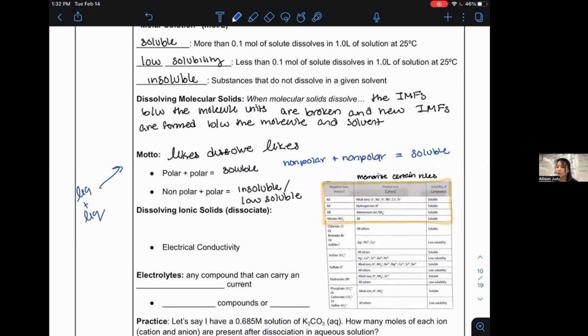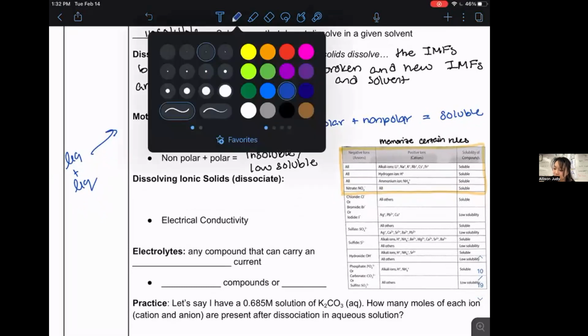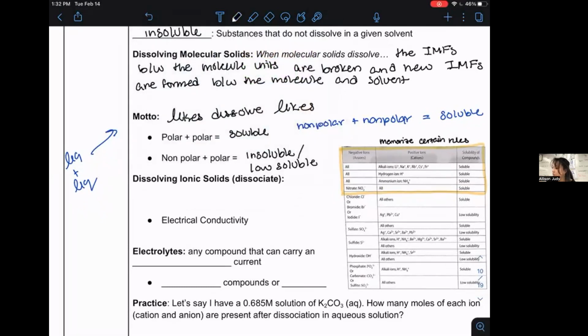Okay. So when we look at dissolving ionic solids, we have to remember that when we dissolve an ionic solid, we're breaking intramolecular forces and creating ion-dipole attractions between the ions and the polar water molecules.